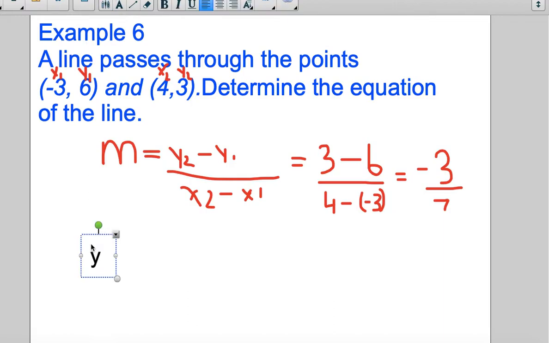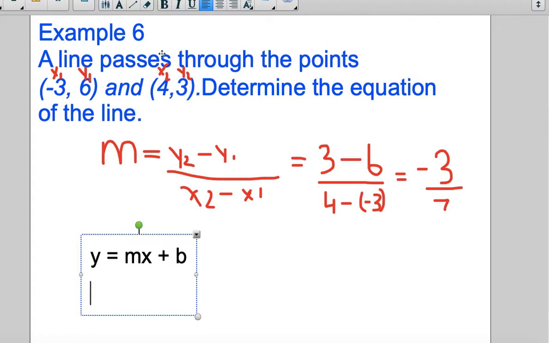So once you have that, you're going to go back to your formula of y equals mx plus b. So when we sub to find what the value of b is, we can use any one of these points to start solving. So I'm going to just use this point because everything's positive and I like to use positive numbers better. So my y value is 3.